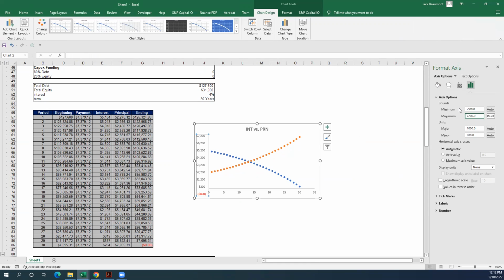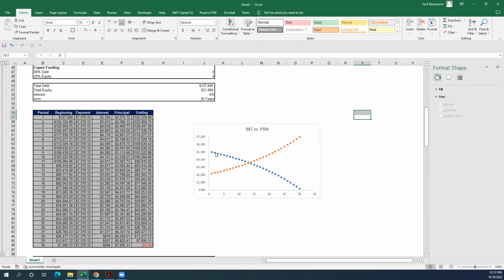Let's make the minimum. What's the minimum we pay? About 200 in interest payment. It does get down to $200. So let's make this 200. 100. Right.